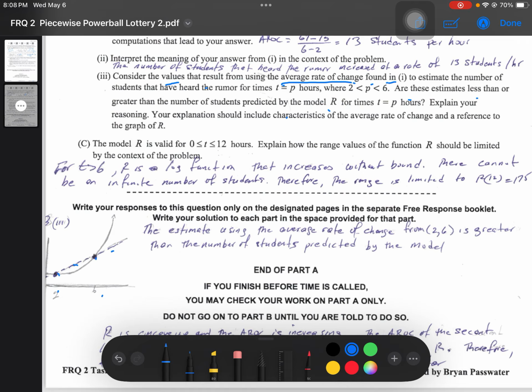Okay? And then it asks you now. If I find an estimate from the secant line, say right here, or any point between 2 and 6, is that estimate going to be greater than the values found from r? Yes, because the secant line is above the r. So the answer is yes, it is greater. But now you've got to explain that.